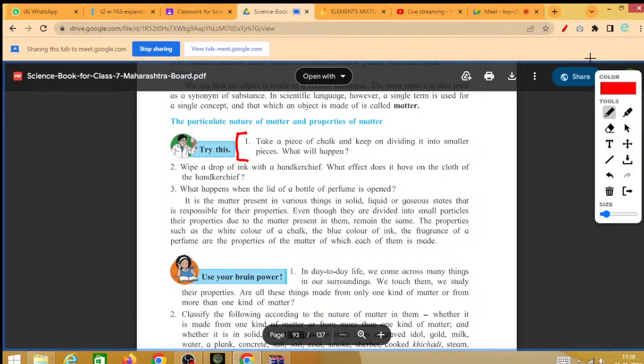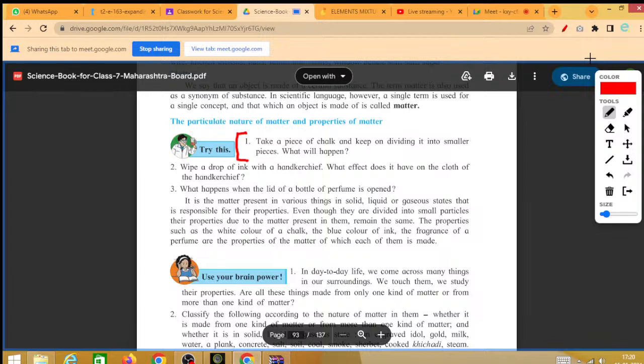Ma'am, it will be blue. It creates a stain of the same color. It spreads, it absorbs it. So what is happening actually? Ink is a liquid, so it is spreading. It will take the shape of the handkerchief only.